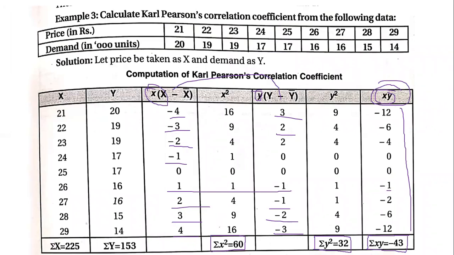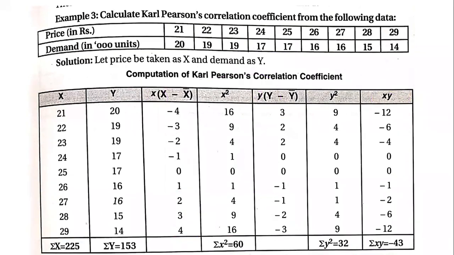Now what are the important totals that we require to solve the problem? First one is sigma x square. Second one is sigma y square. Then we want sigma xy, which is minus 43. Remember these numbers: 60, 32, minus 43.